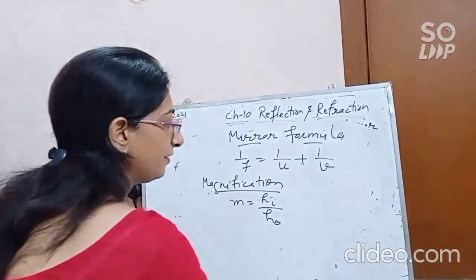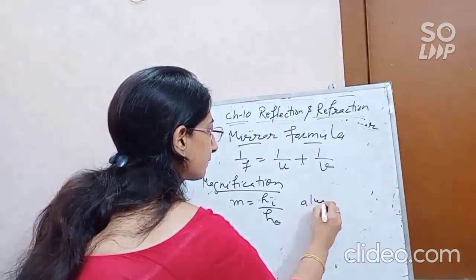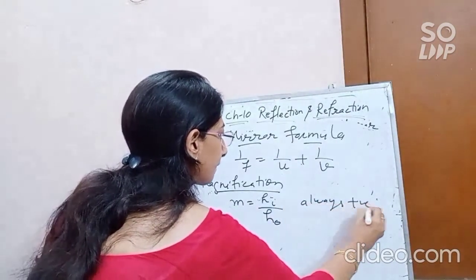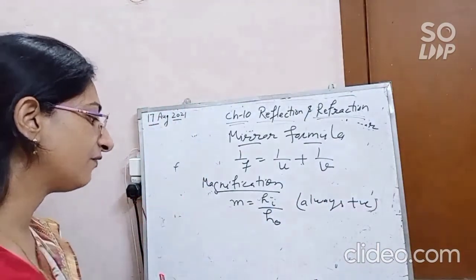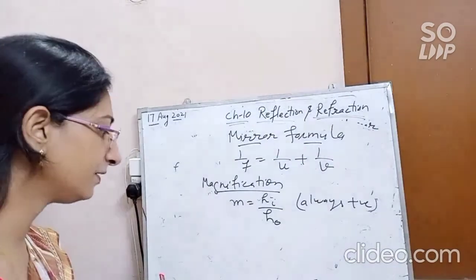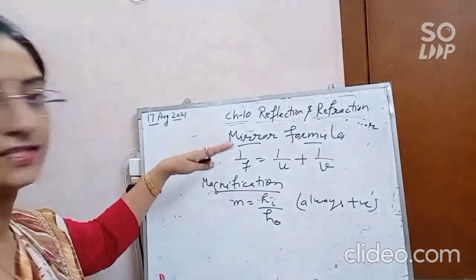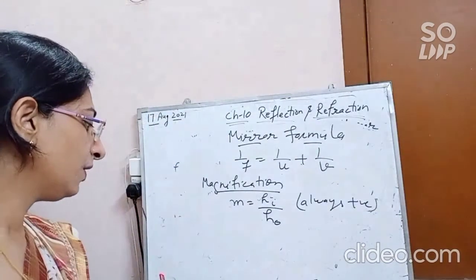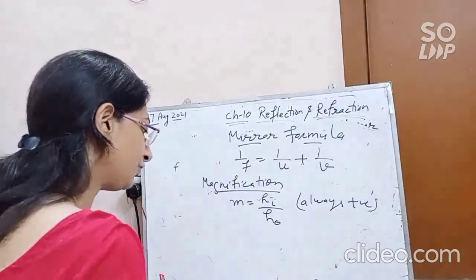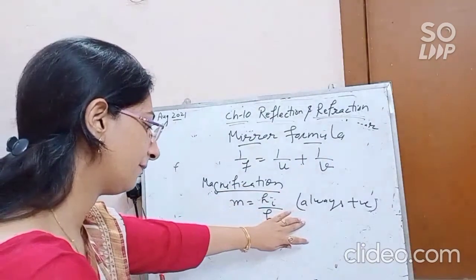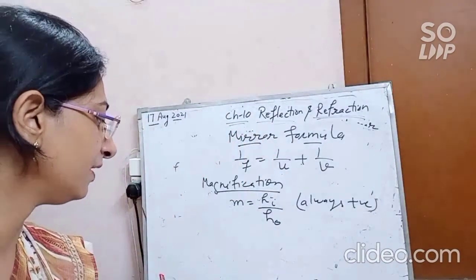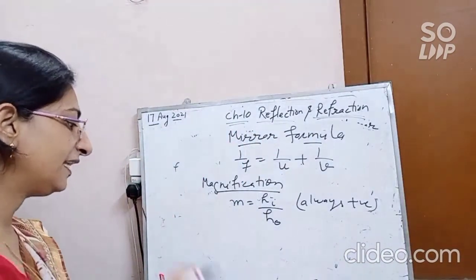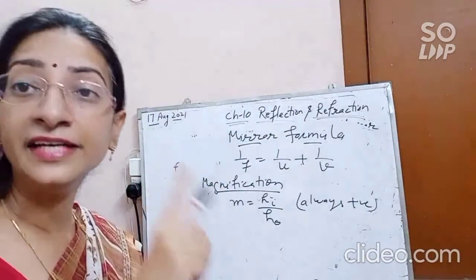A virtual image is always formed above the principal axis, so its height is positive, but a real image is formed below the principal axis, so we take it as negative.